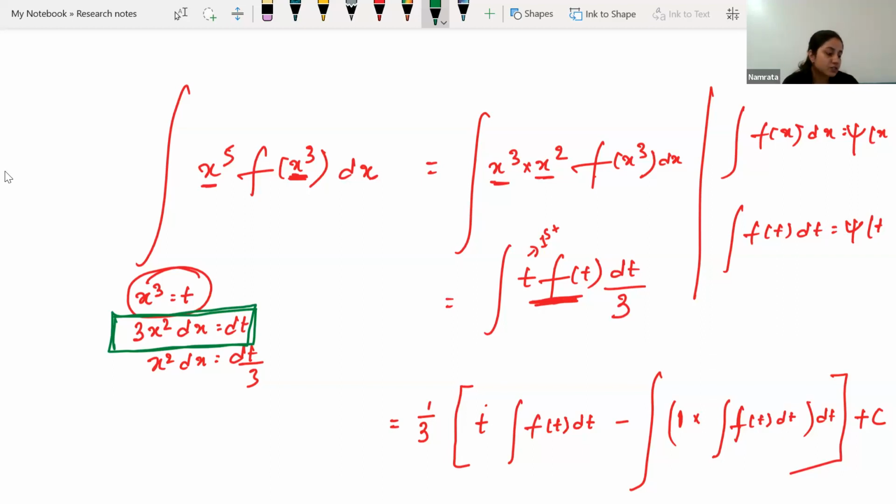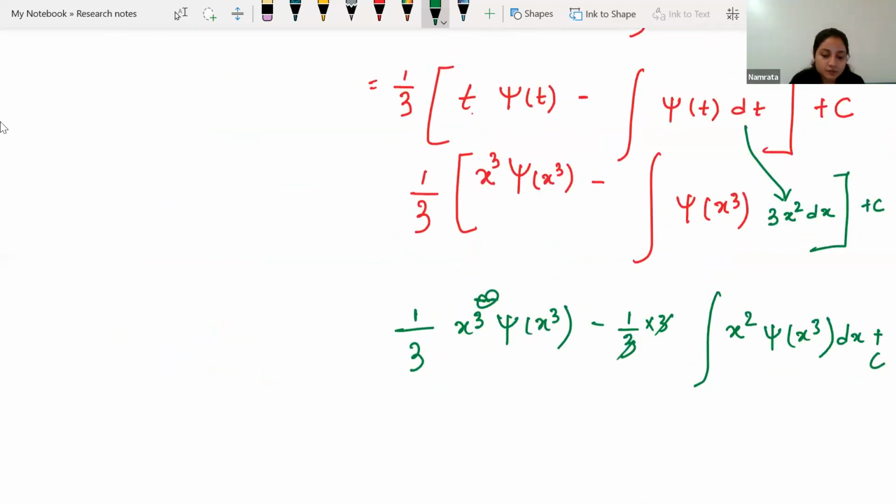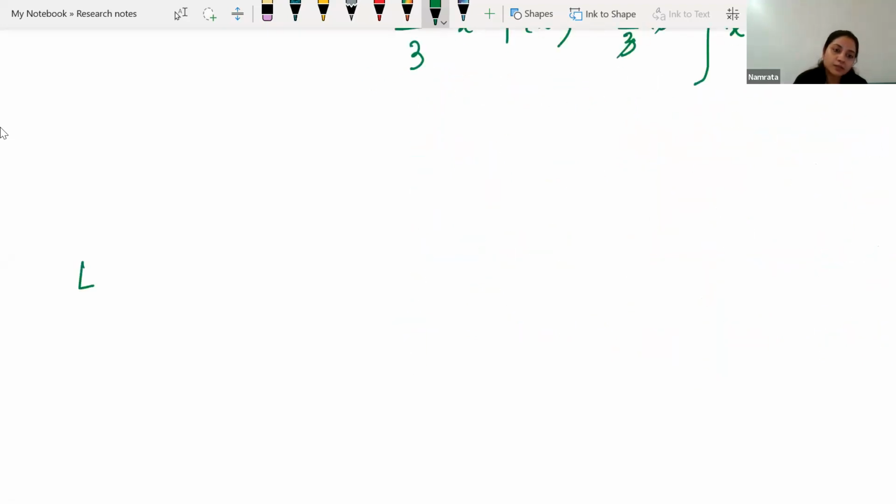Okay, let's take the next question. A very simple question is there. Let In equal the integral of tan to the power n x dx, where n is greater than 1.